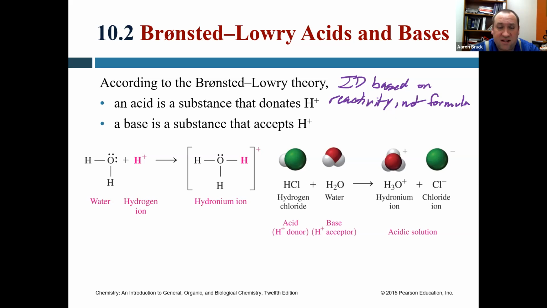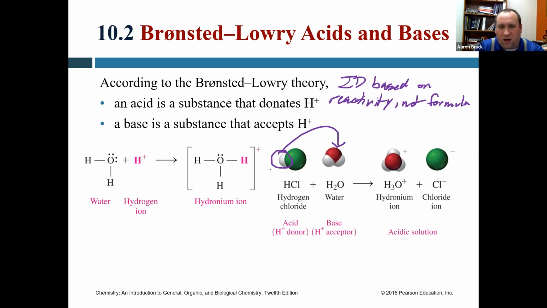Acids are substances that when they react will give away H+ ions. Bases are substances that will accept H+ ions. The net result in acids is usually the formation of the hydronium ion if we're dealing with water. So the hydrogen on the HCl leaves the HCl and attaches itself to the water.